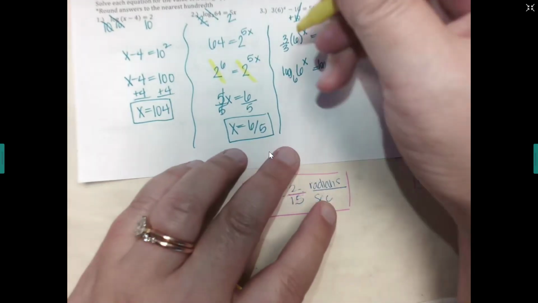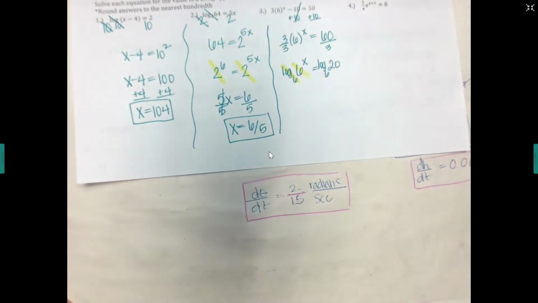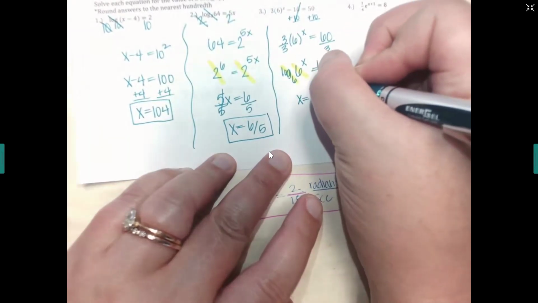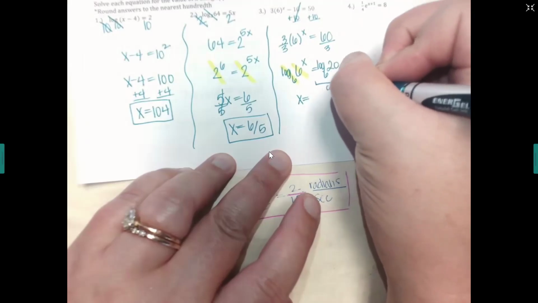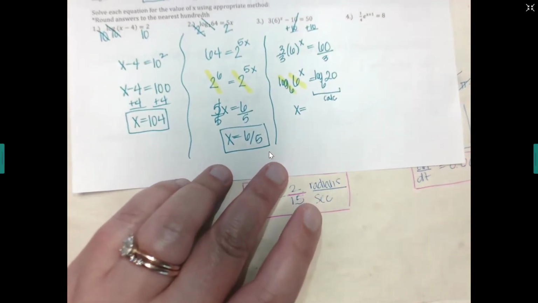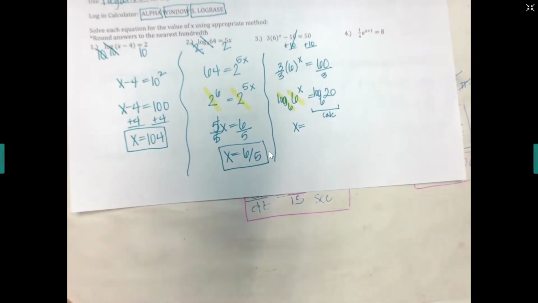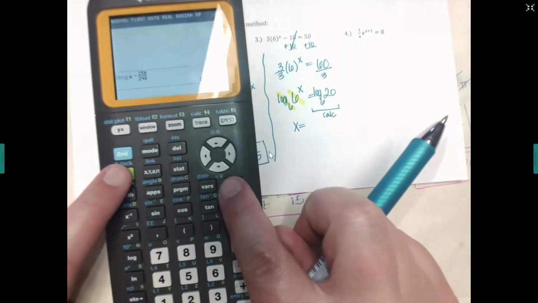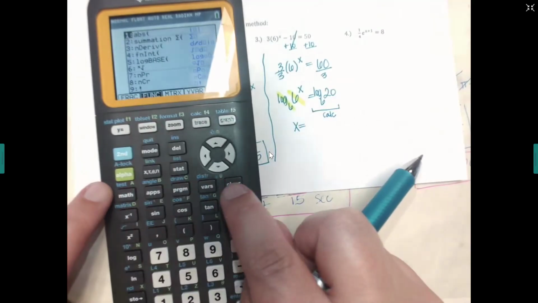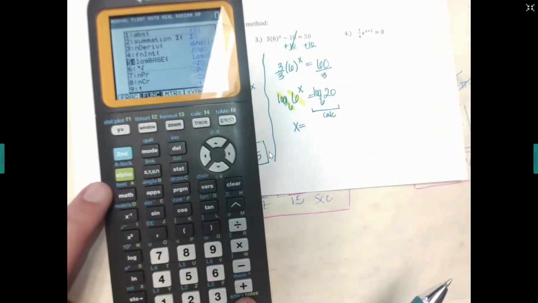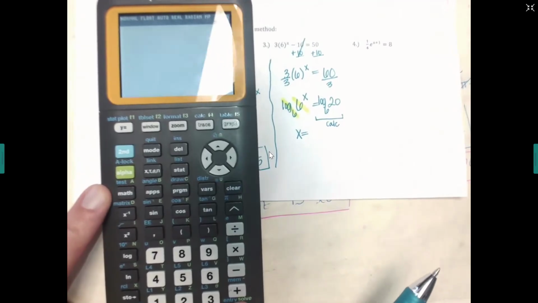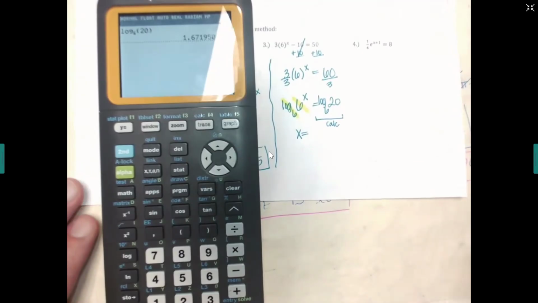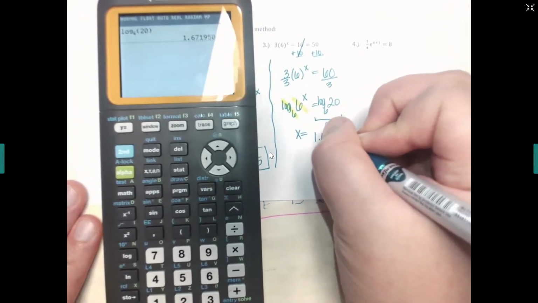A log little 6 on a big 6 crosses out. Your x is going to just come down, and then you'll find this number in the calculator. Remember, your buttons are written on your cheat sheet for you. So it's alpha, window, 5. Then we'll put 6 in the first box, 20 in the second box. 1.671.